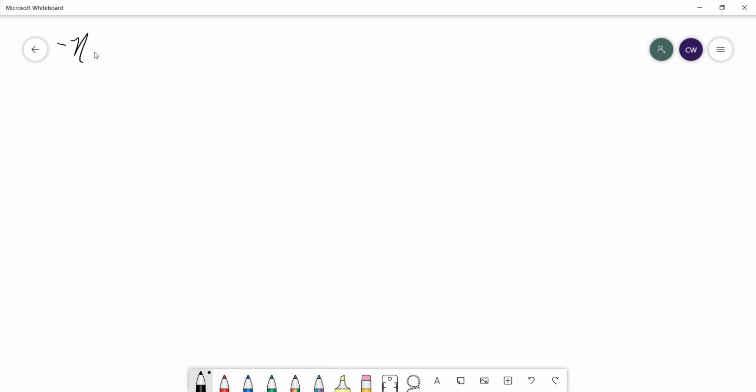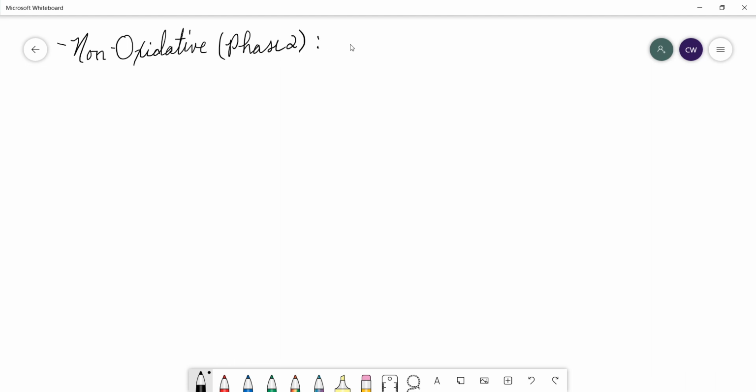The non-oxidative pathway is the other phase.